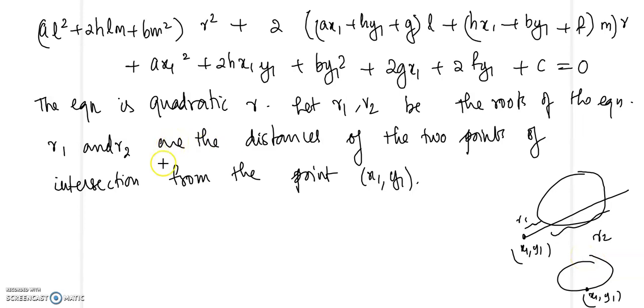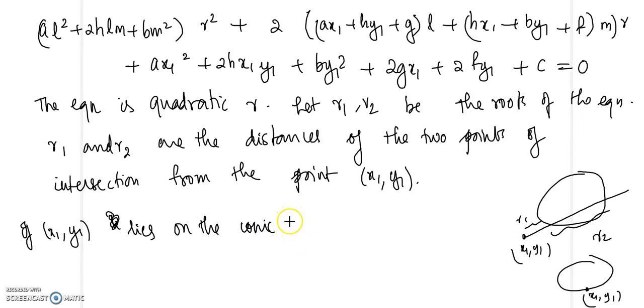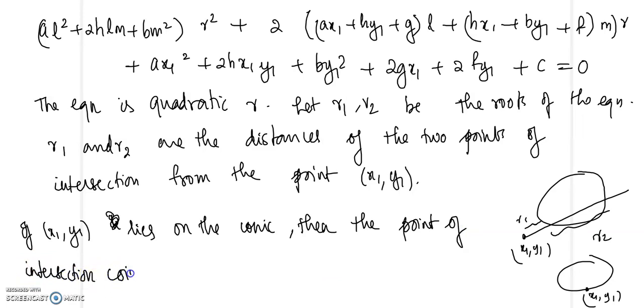Okay, so if x1 y1 is lying on the conic, then the points of intersection coincide and hence r1 equal to r2 equal to 0. That is, the roots of this quadratic equation will both be 0.